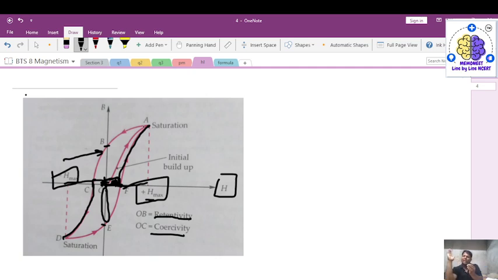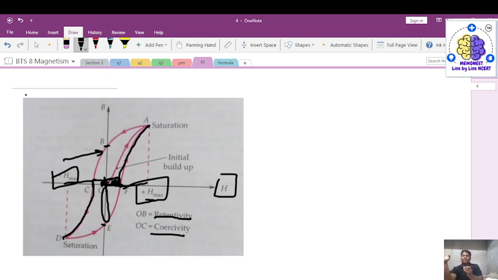Now, if I continuously decrease the intensity of the externally applied magnetic field and bring it to zero, the substance never gets completely demagnetized. It retains the magnetic property even though the applied field is zero, and this property of retaining magnetism is known as retentivity.